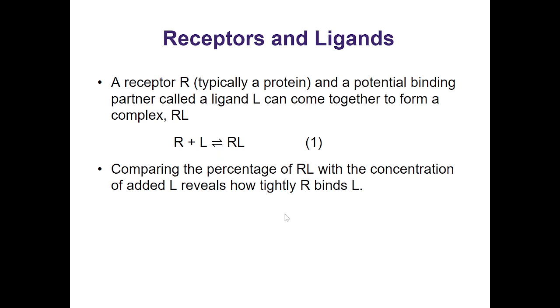So comparing the percentage of RL with a concentration of L will actually reveal how tightly R binds to L, how tightly the ligand binds to the receptor. Okay? And you already knew this. That's the same relationship as an acid-base, isn't it? What is an acid-base, except for a lone pair taking on a hydrogen, right? So it is a hydrogen acceptor.